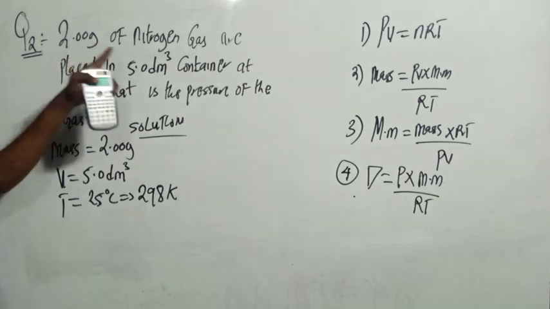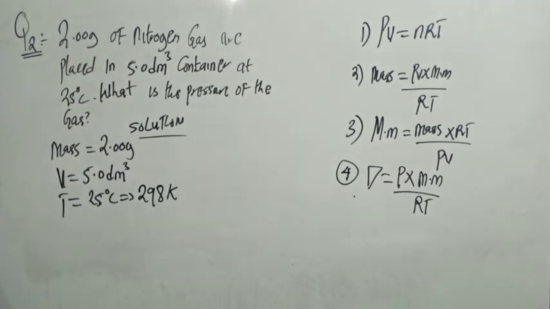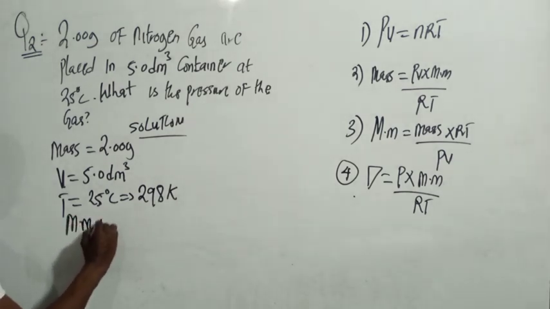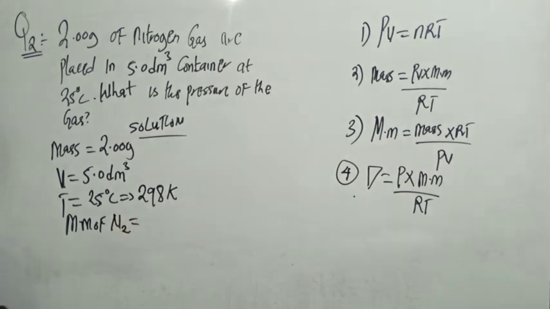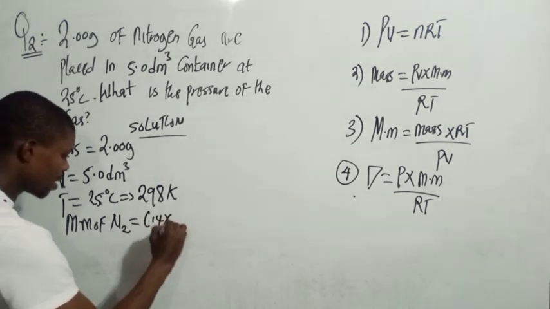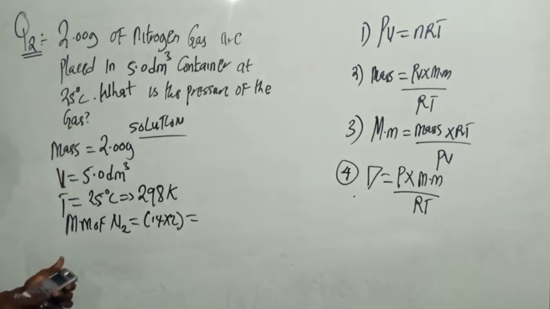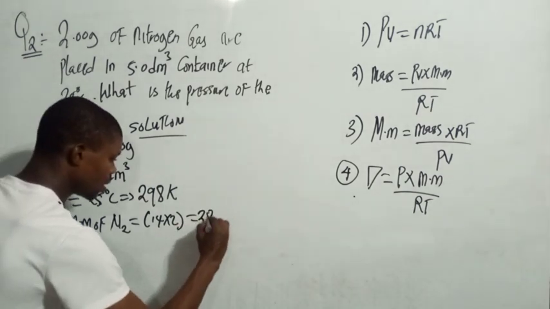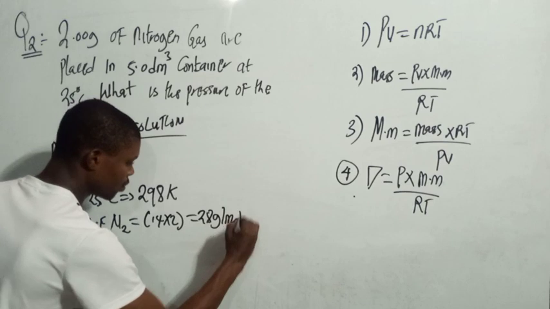We want to get the molar mass of the gas, molar mass of N2. It's very easy here. The atomic mass of nitrogen is 14 times 2. Here we have 28 gram per mole.